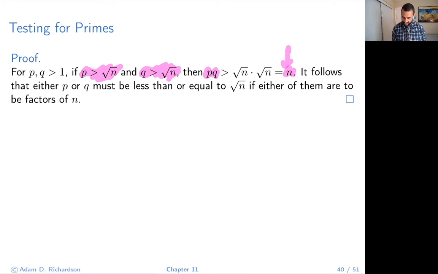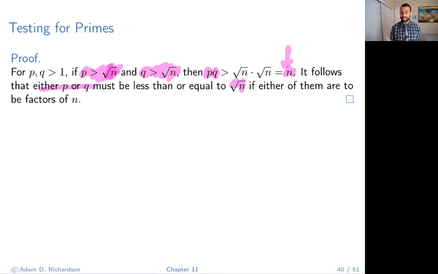What that means is that either p or q must be less than the square root of n if they are going to be factors of n. If those numbers are bigger than the square root, you overshoot the number you care about. So you only need to look at numbers that are less than the square root. That's the only way they can actually be factors of n.